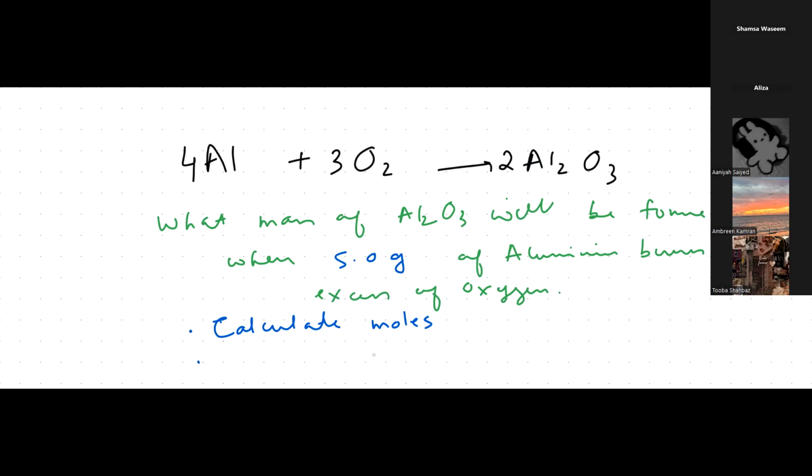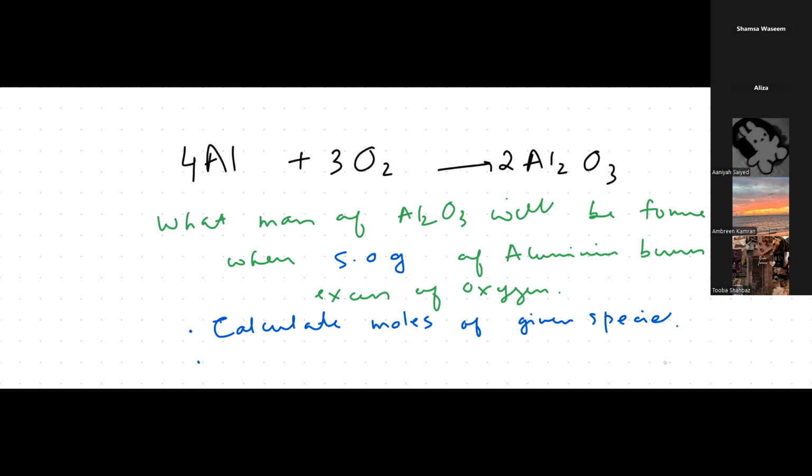For every moles question, this is what you have to do. Even if they have given us moles directly, if mass is given, you'll calculate moles of the given species. Like here, the mass of aluminium is given, so you just calculate moles of aluminium.